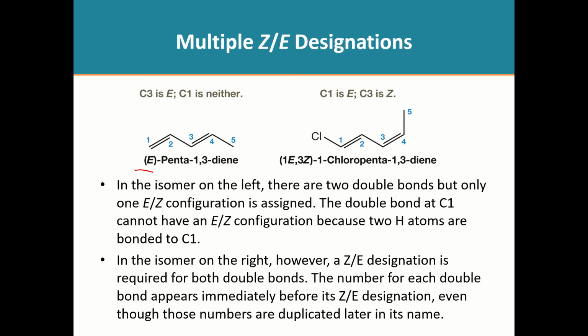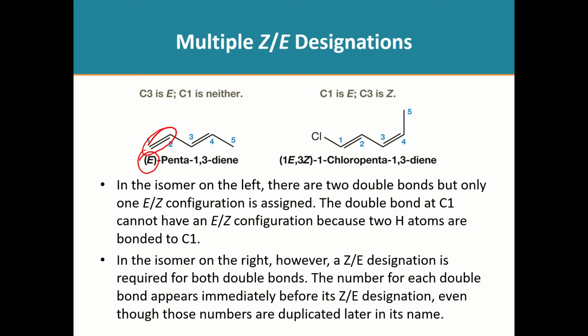And in the name, we just put an E at the very beginning because there's only one alkene in the name that can be an E or Z configuration. So this E right here does not apply to that guy.